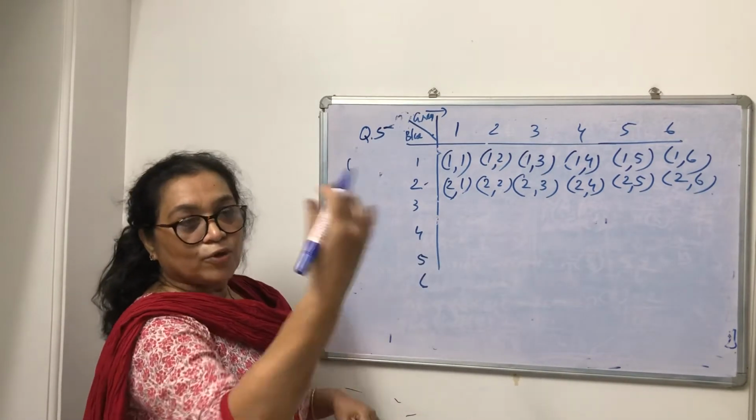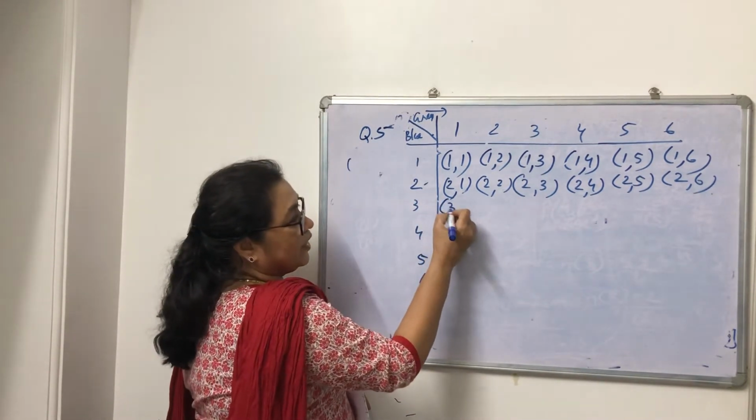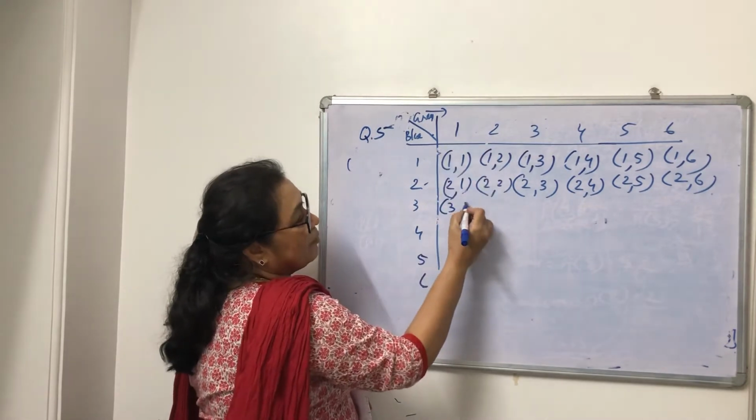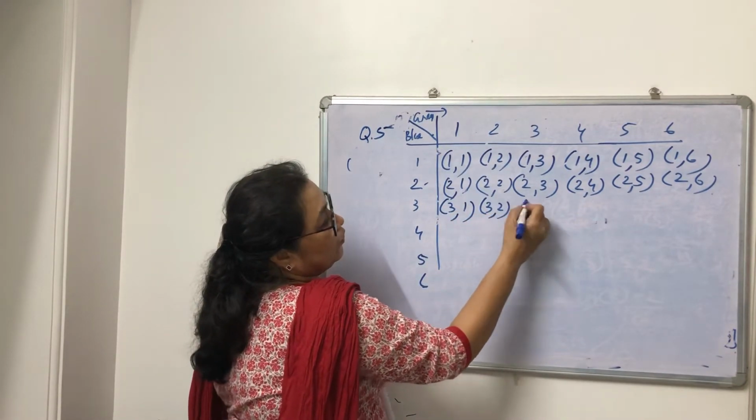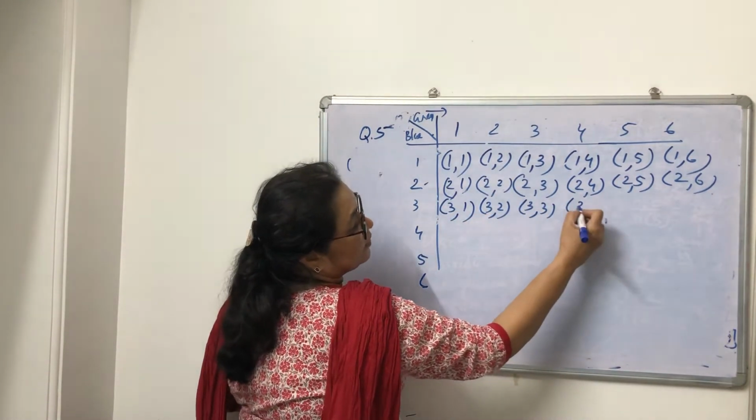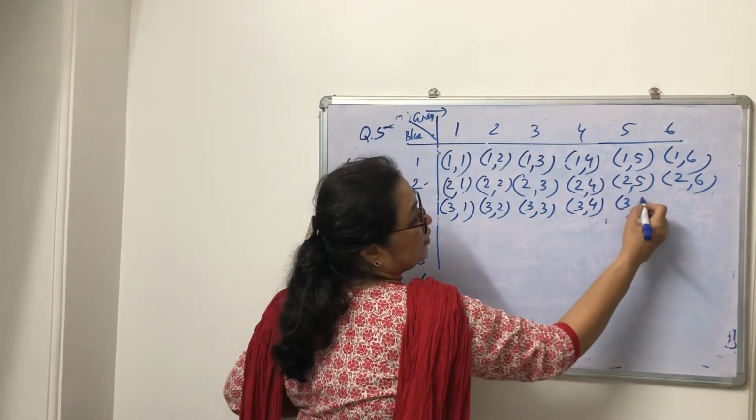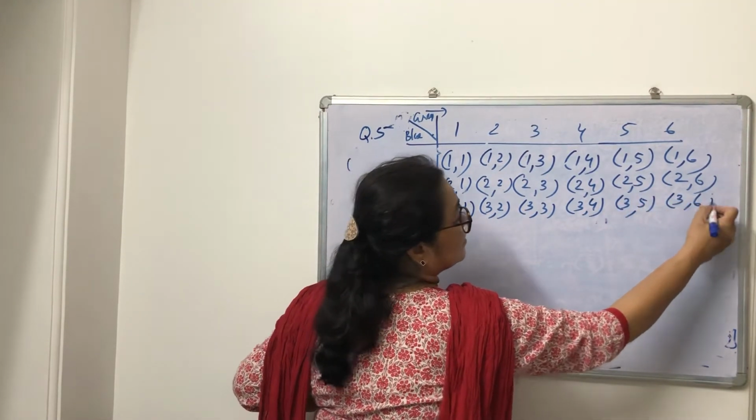Next, when you are throwing blue, 3 आ जा सकता है, then grey में 1: (3, 1), (3, 2), (3, 3), (3, 4), (3, 5), (3, 6).